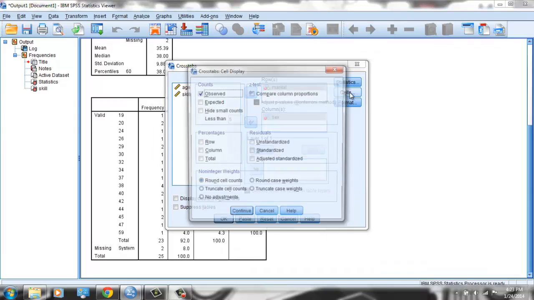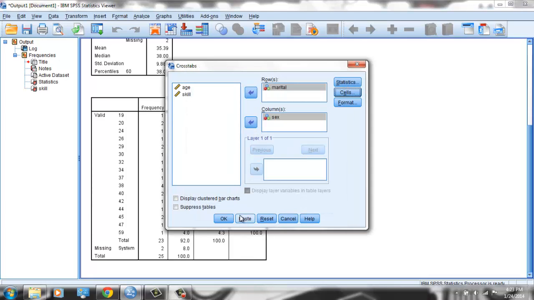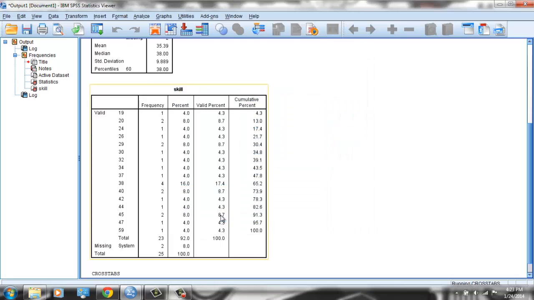And let's see, we have cells, observed and expected, remember that? Sometimes it's a good idea to put that there, for obvious reasons. So let's go ahead and get some percentages, row and column, and heck, let's get total. And that's probably good enough. That's probably all we have to do. Let's do that. Hit OK.